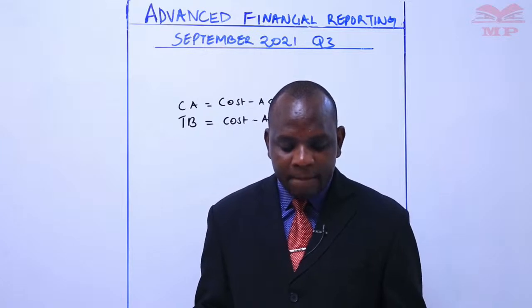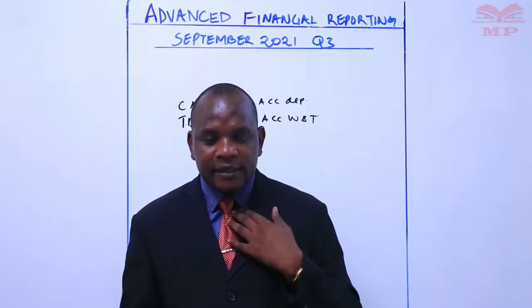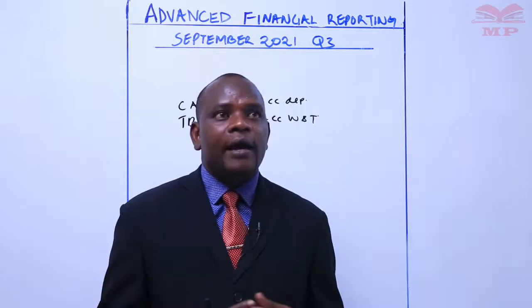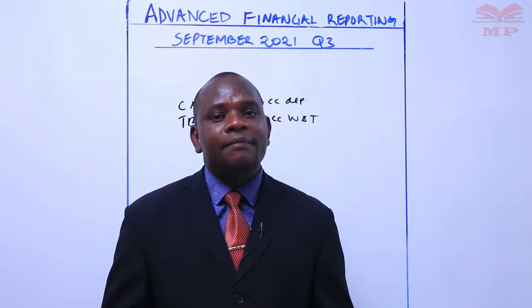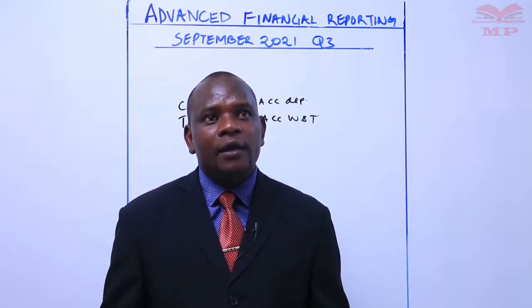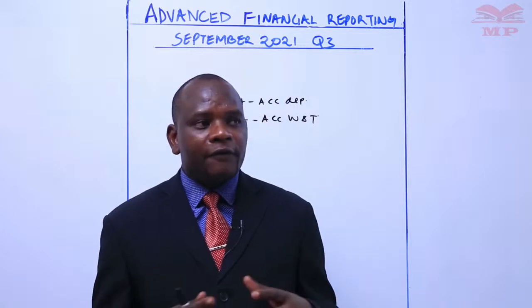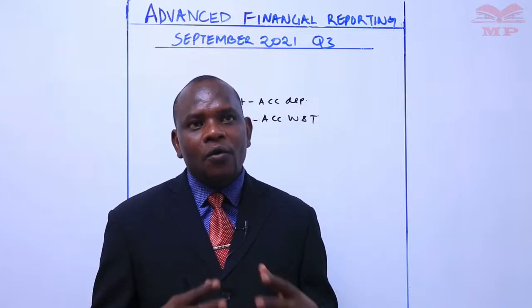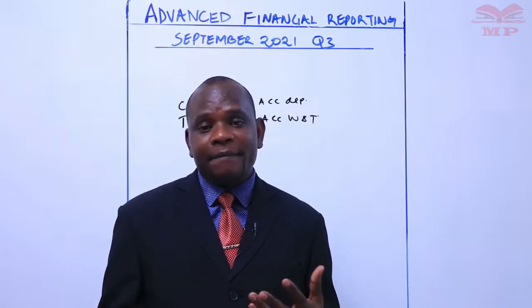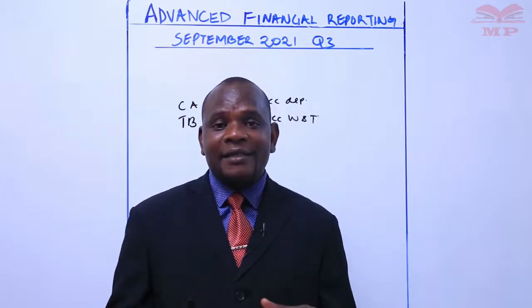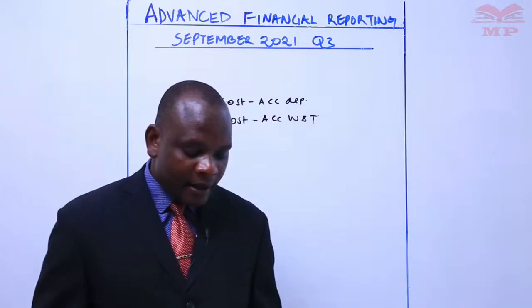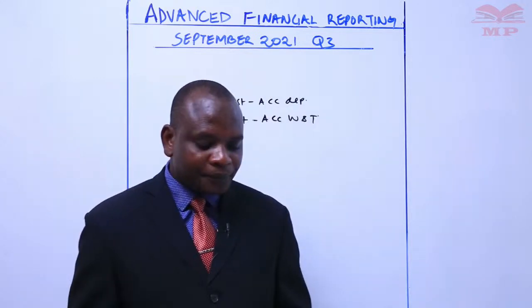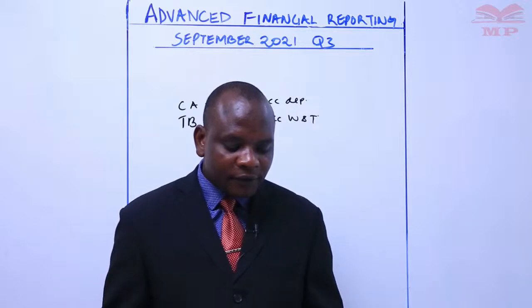Before I do the question, let me just help you to understand how we identify tax base and carrying amount. I always prefer using the accounting standards, or it also requires your professional judgment if the accounting standards do not suffice in the decision to be made.